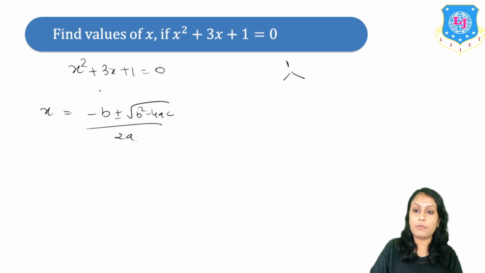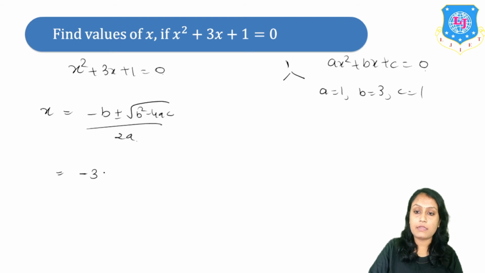Now to use this formula, we need to compare this equation with ax square plus bx plus c is equal to 0. Okay, so from this your a is what? 1, b is 3, and c is what? 1.